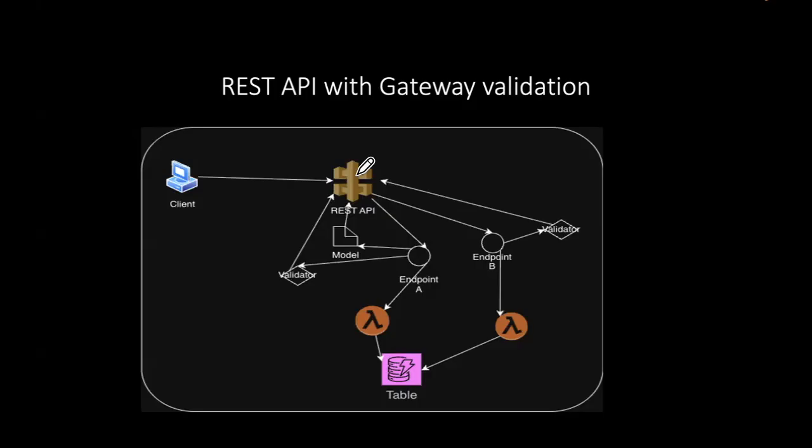It knows when to perform a validation or when to use a particular model to check whether the payload of the request matches the model, the schema. It knows when to do that because you've told it, look, it has to use this model for this endpoint. And let's suppose this is a POST endpoint, right?